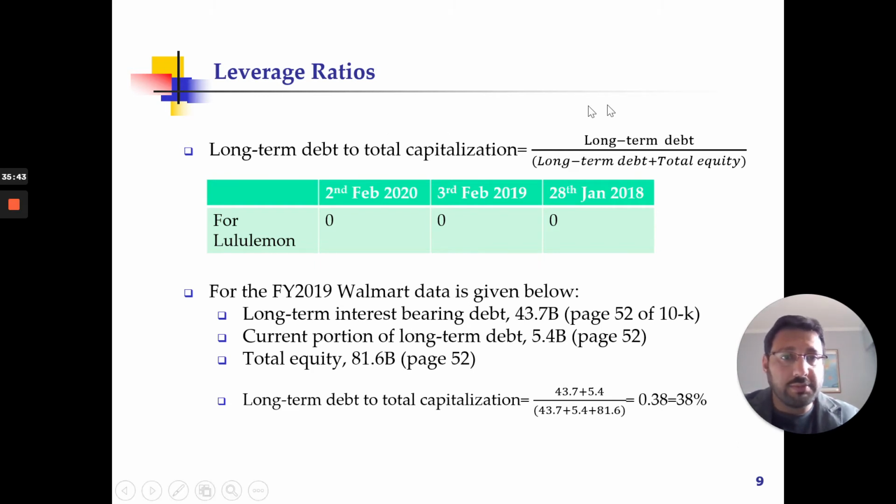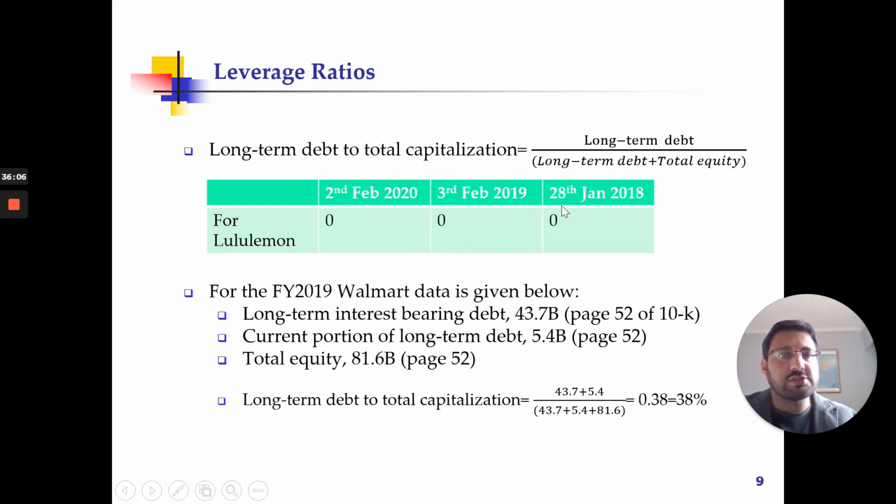The long-term debt is the interest-bearing debt in the long term, plus whatever portion of that debt is due within 1 year. That is your numerator, divided by the long-term debt, the same thing, plus the total equity.